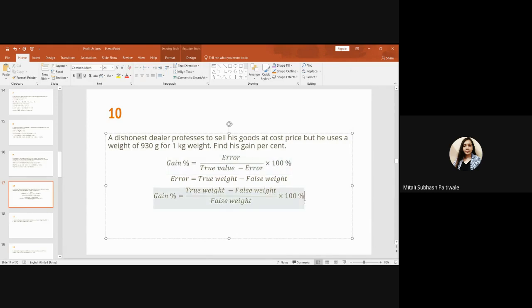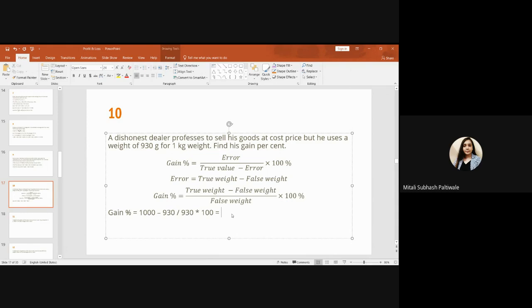Okay, so now if I put down the formula, this will become any of the formulas. So the gain percentage will be true weight was 1 kg, that means 1000 gram, so 1000 minus 930 divided by 930 into 100. I'm just putting down the formula and finding out the answer.